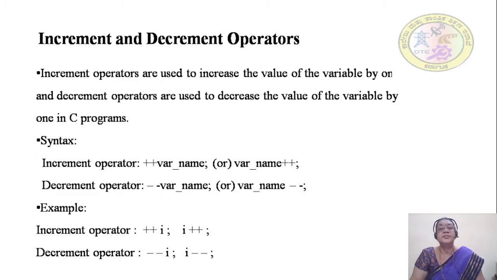Syntax: the increment operator is ++. Two methods are there: ++variable name or variable name++. Then we have decrement operators: --variable name or variable name--. Example, we can write ++i. Also we have i++. Decrement operator: --i, i--.